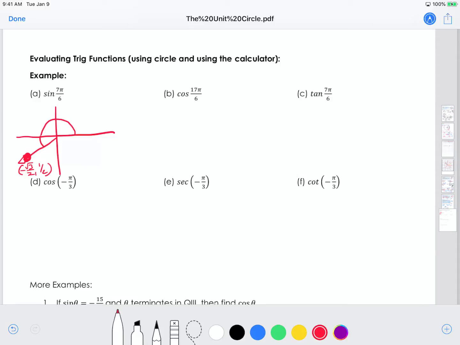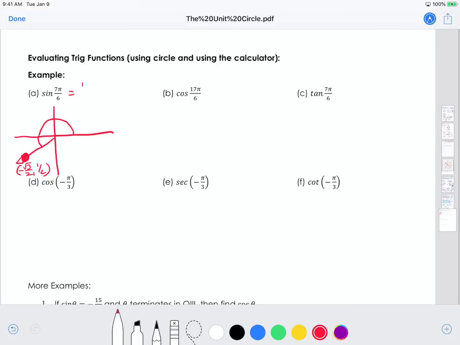Since I'm asking you to find the value of sine of 7 pi over 6, sine is the y coordinate of the ordered pair. So this is going to be 1/2 because that is the y coordinate. Now if I asked you for the cosine of 7 pi over 6, then you would say -√3/2.